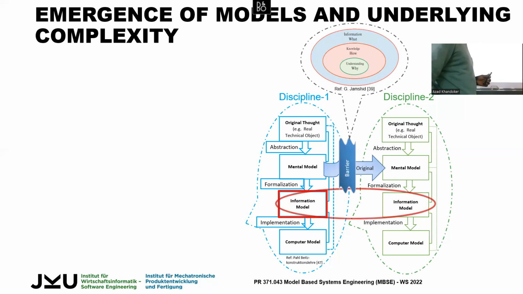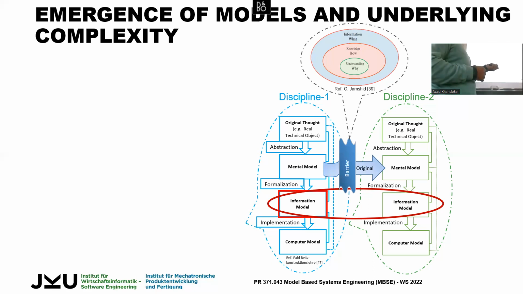So what we actually try to emphasize in this model-based systems engineering approach, here is the most important part of model-based systems engineering. We have to transfer the real understanding through models to the other engineers.